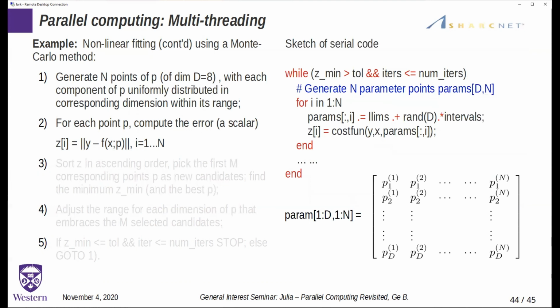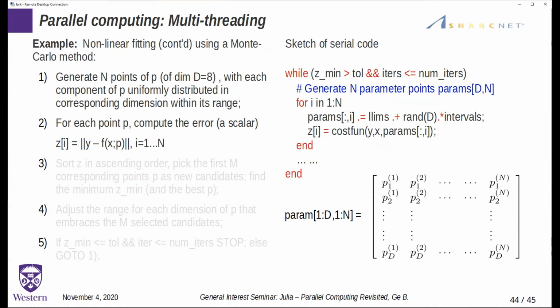Let's see how we translate the algorithm into Julia code line by line. First, we generate the n vectors of parameters and store them in a d by n array, where d is the dimension of the parameter, that is 8 in our example, for later selection.